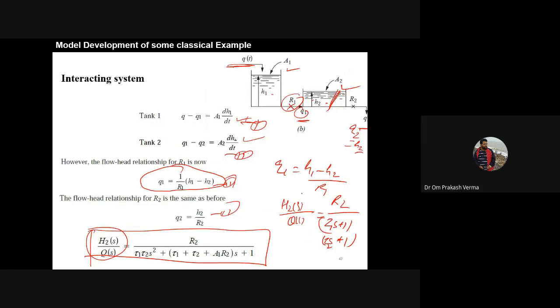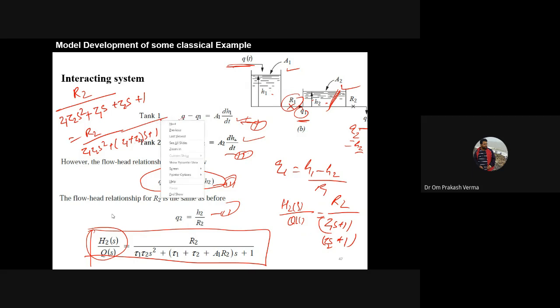When you multiply both the terms, you will get R2 upon tau 1 tau 2 s square, then tau 1 s, then tau 2 s, then 1, if I'm not wrong. So it becomes R2 upon tau 1 tau 2 s square plus (tau 1 plus tau 2) s plus 1. This is for the non-interacting tank system, and this is for the interacting tank system, right?